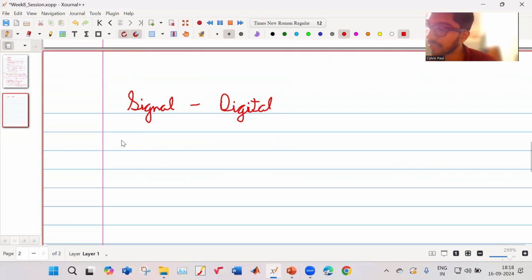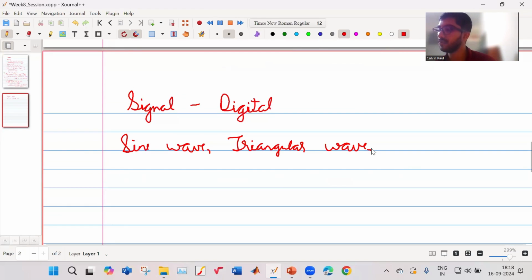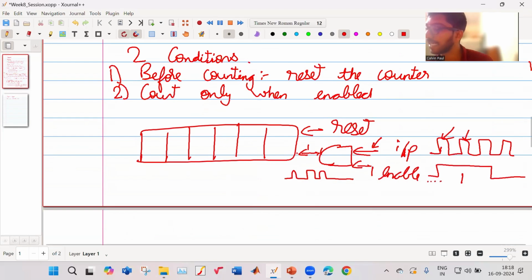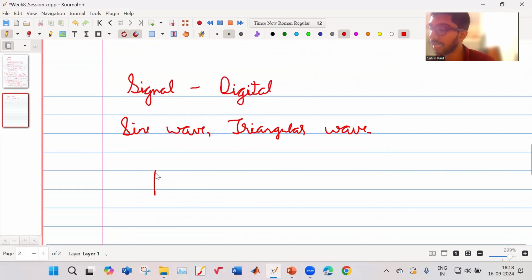But if our signal is something like a sine wave, or a triangular wave, then what should we do? Because we cannot give a sine wave as an input to an AND gate.